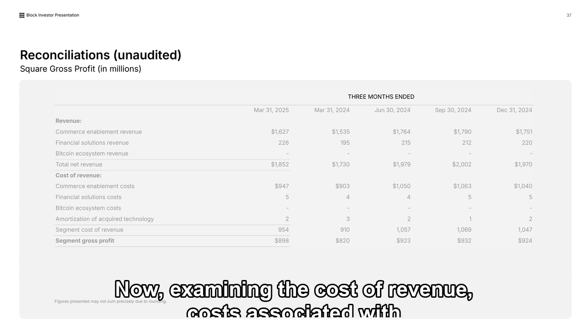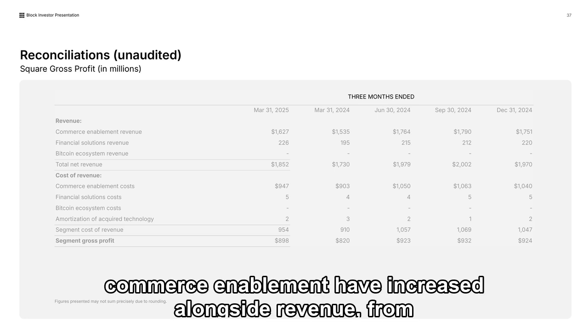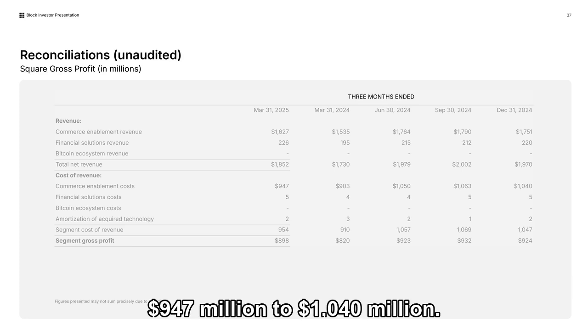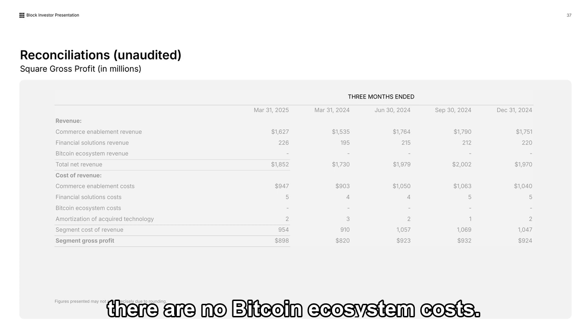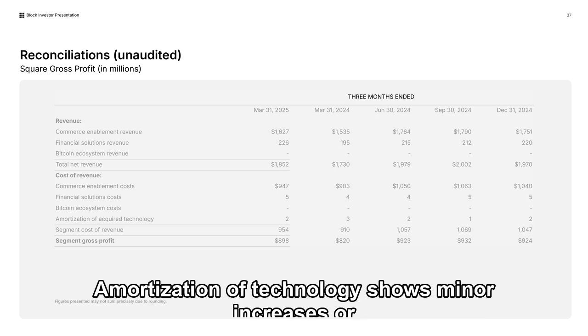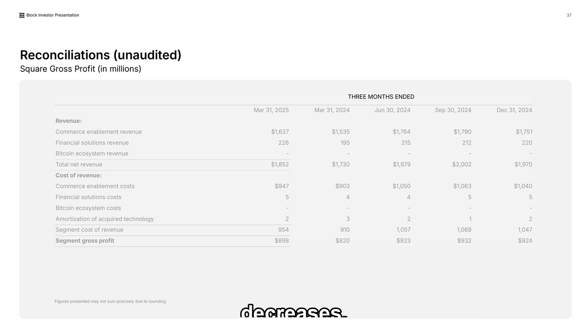Now, examining the cost of revenue, costs associated with commerce enablement have increased alongside revenue, from $947 million to $1,040 million. Costs for financial solutions remain around $5 million, and there are no Bitcoin ecosystem costs. Amortization of technology shows minor increases or decreases.